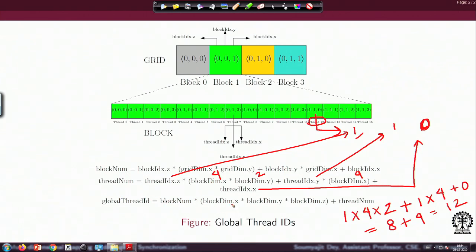So in each block you have got how many threads, block dimension x times y times z, these many threads, plus the thread's position in the current block. This gives the thread's global id, which we call the global thread id. So this is the exact position of the thread, or the exact index value of the thread among all the threads that have been launched by the kernel.